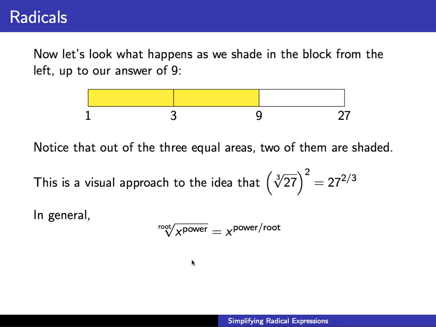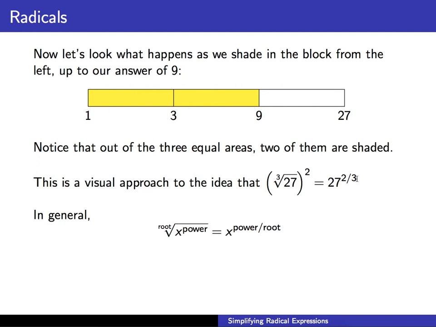Now, we shade the blocks from the left up to our answer of 9. So we started at 1 and shade all the way up to 9. Notice that 2 out of these 3 blocks are shaded. In this case, these 2 are shaded yellow, while this one is not. So this is a visual approach to the idea that the cube root of 27, when we square it, is actually 27 to the 2/3 power.